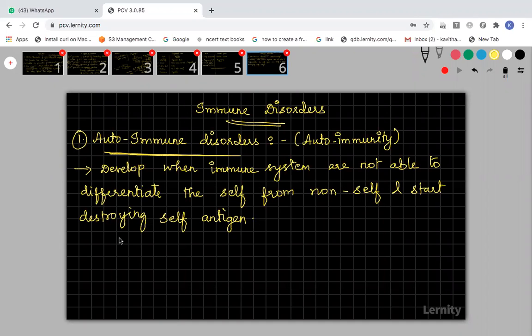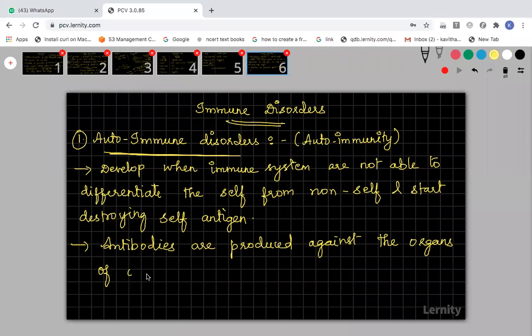So what happens? Antibodies will be produced. Usually antibodies will be produced against foreign pathogens, right? Foreign antigens. But in these autoimmunity cases, antibodies are produced against the organs of our own body, against the organs of one's own body.